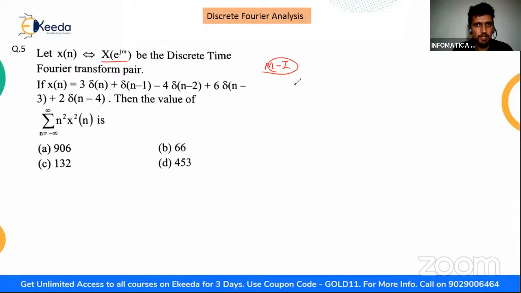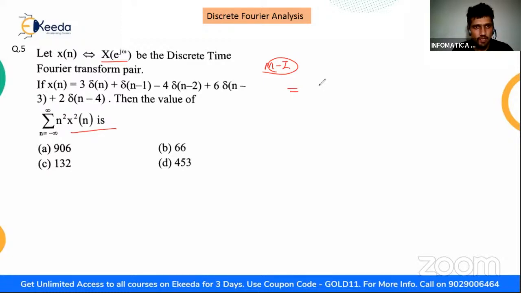First is simply by definition, and by what this is asking, anyone can do. This is our signal, and we have to square it and multiply by the time duration.